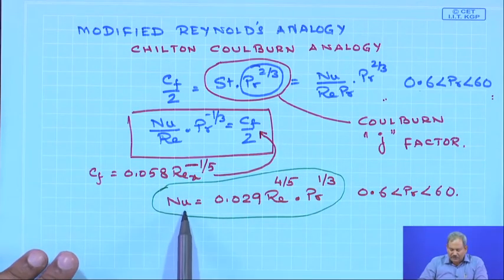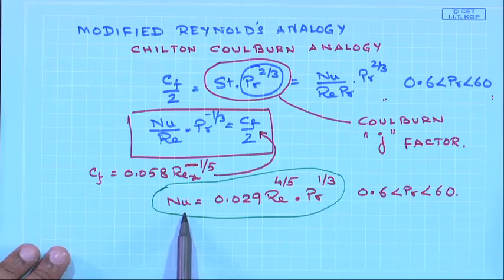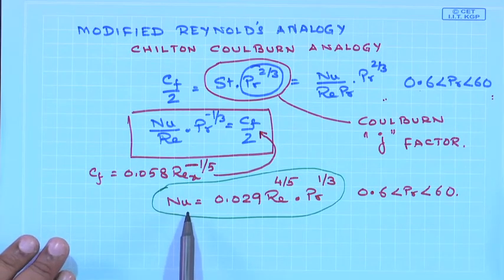You have got an expression for Nusselt number. You have got an expression for H by simply using an analogy which has solid foundation. So, the expression for Cf is known to you. You are looking at the governing equations, non-dimensionalizing the governing equations.